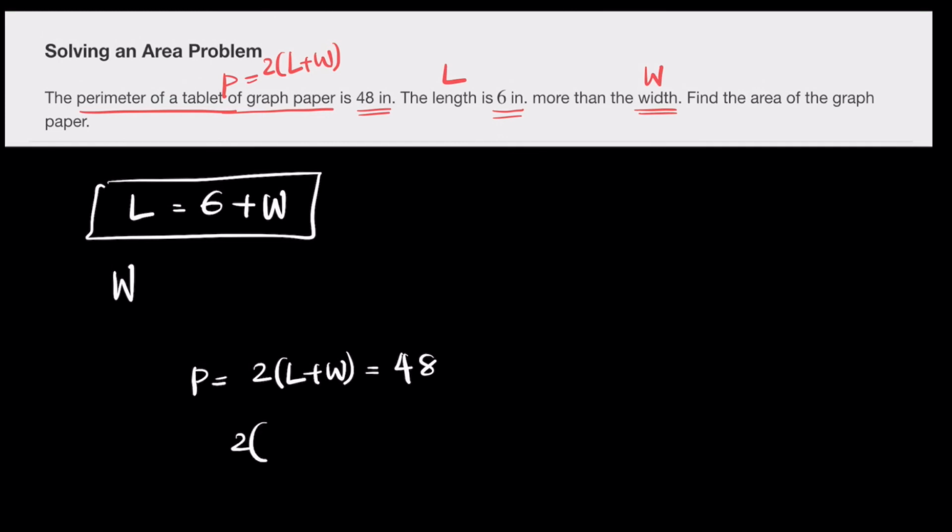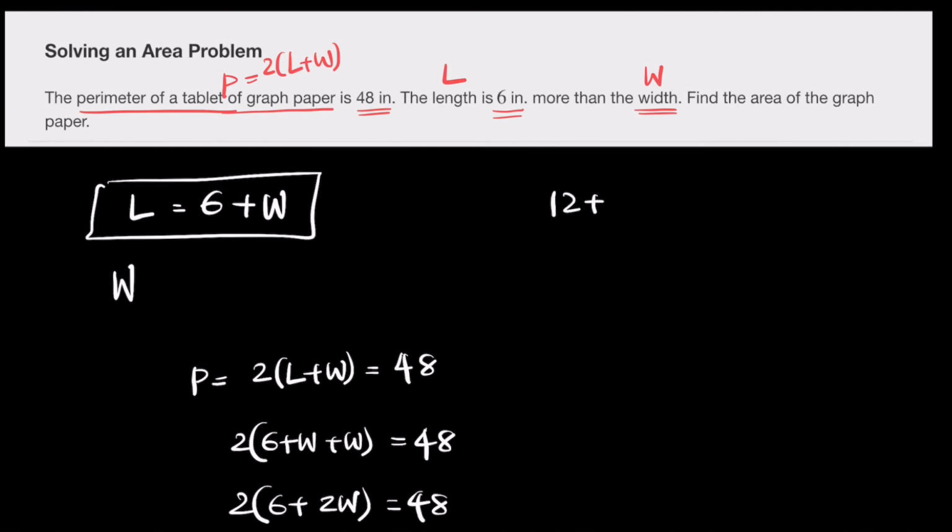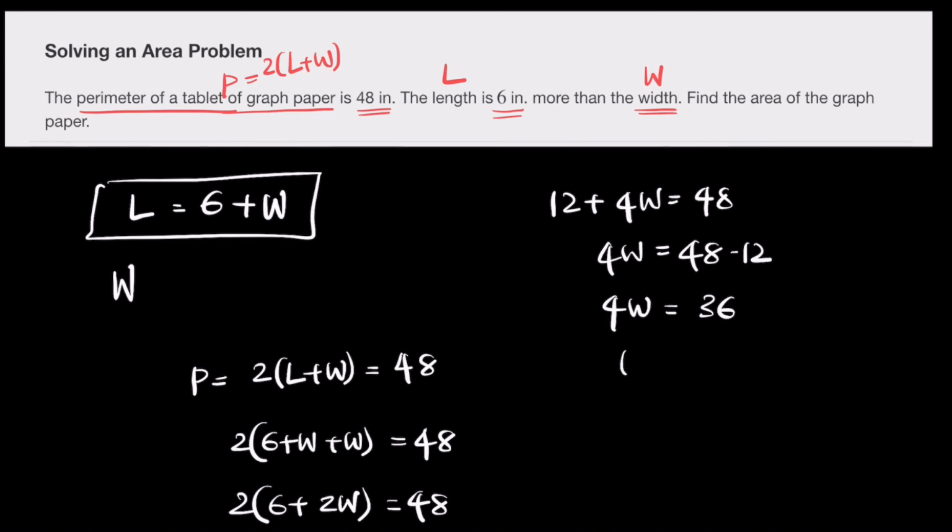So 2 times L is 6 plus W is equal to 48. So 2 times 6 plus 2W equal to 48. 12 plus 4W equal to 48. 4W equal to 48 minus 12. 4W equal to 36.